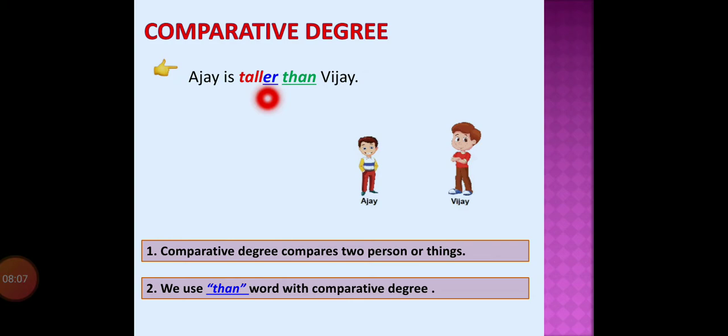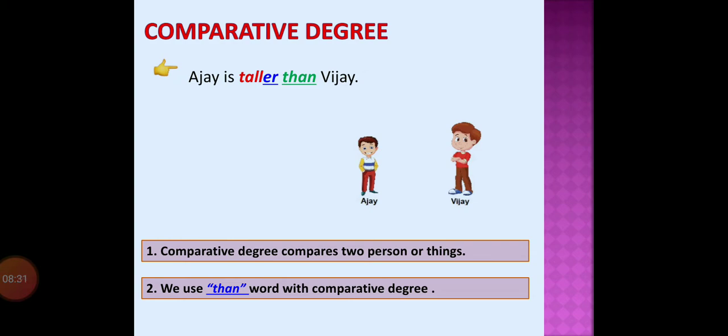And whenever we add "er" to the basic adjective, it forms the comparative degree adjective, which will be followed by "than". Means there should be two changes. The adjective should be followed by "er" and the word "than" should be there. These two things must be there to show the comparison.